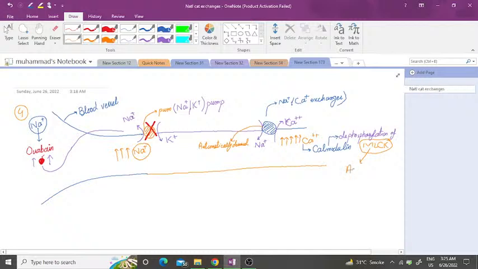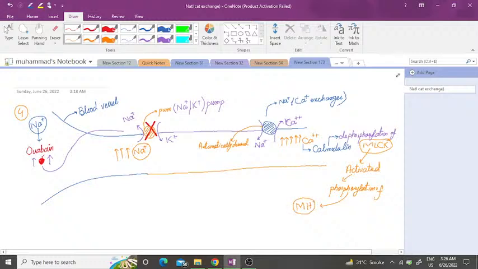When it becomes activated, it causes the phosphorylation of the myosin head that we have just studied in the previous slide.